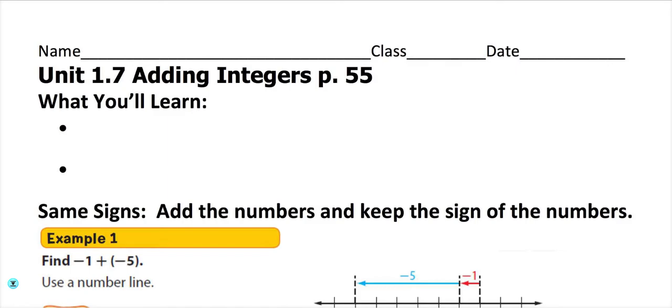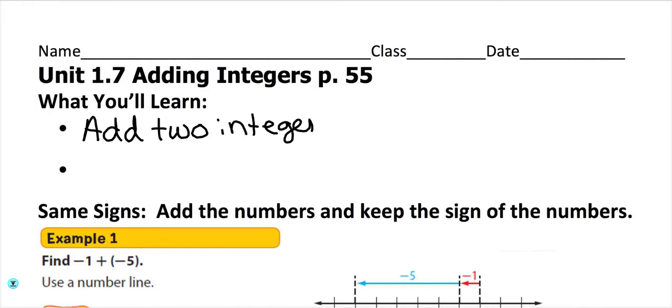Okay, so let's take a look at the two objectives for today. We're going to compare. Nope, sorry, I'm on the wrong one. Let's try that again. We're going to add two integers. Remember, an integer is just a positive or a negative whole number.